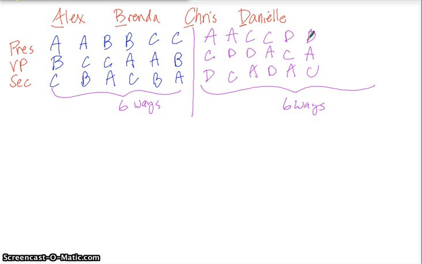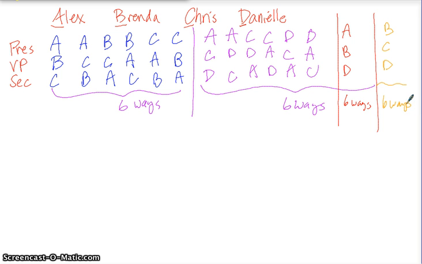But again, those aren't the only 3 letters I could use. I could also use A, B, D. With those 3, I could have 6 different ways of arranging them, just like I did here. And then finally, what am I missing? I have ABC, ACD, ABD. Now I need BCD, which again would be 6 different ways.